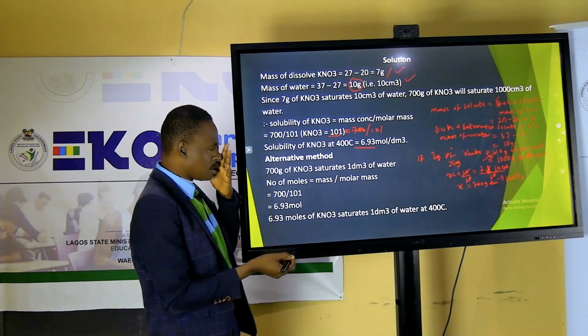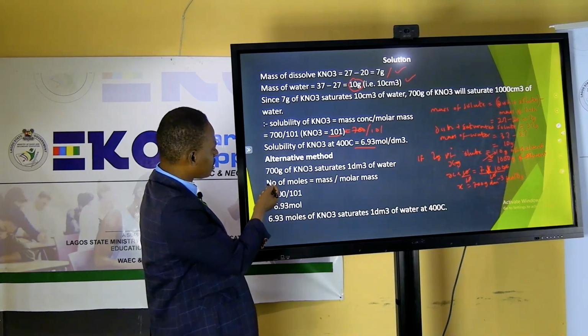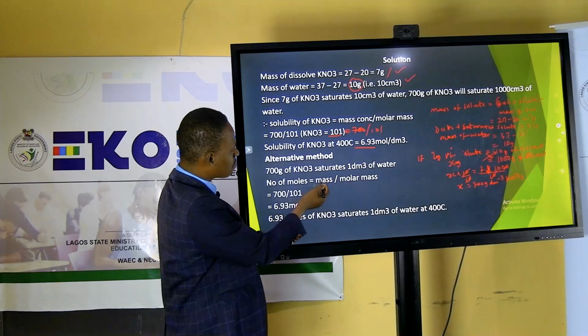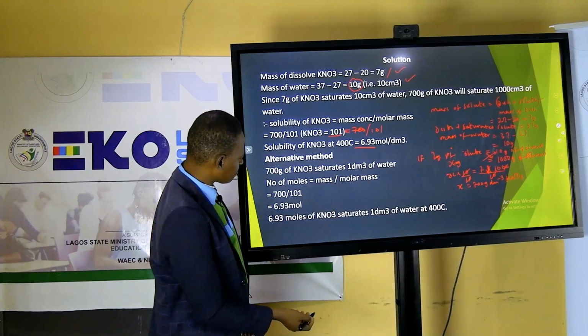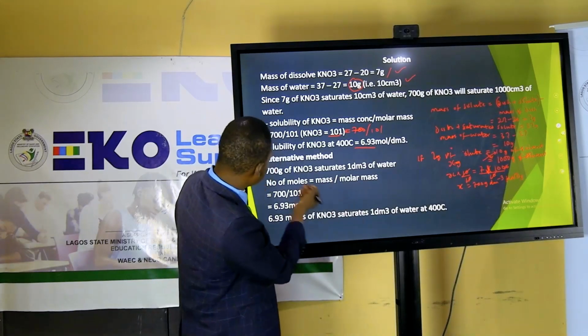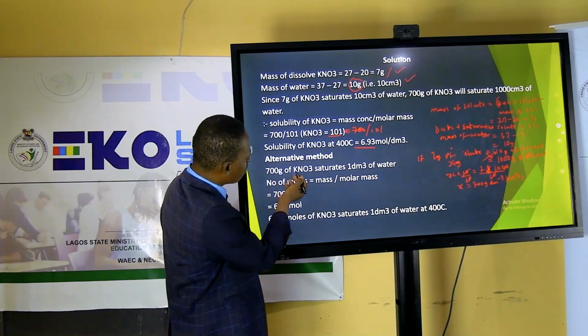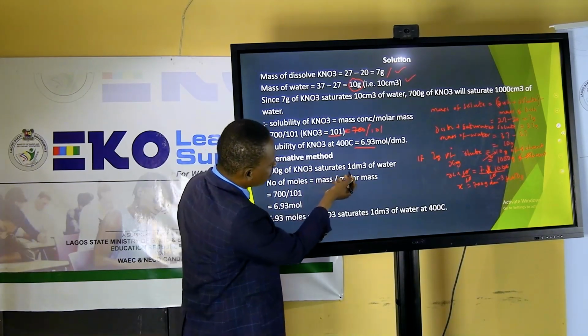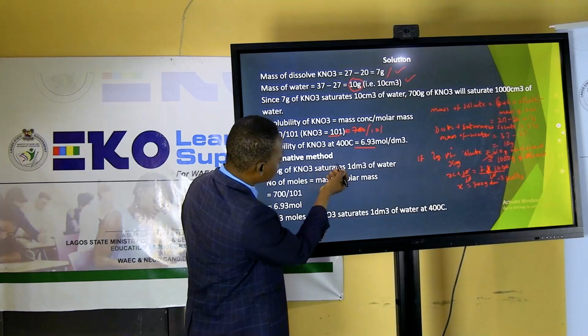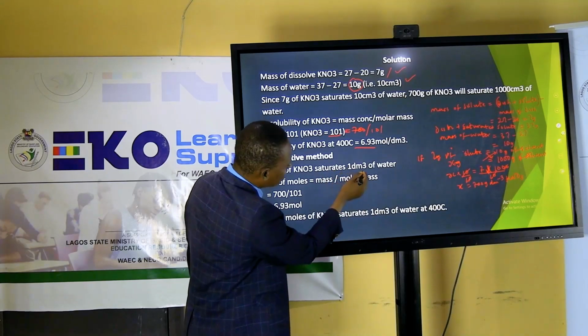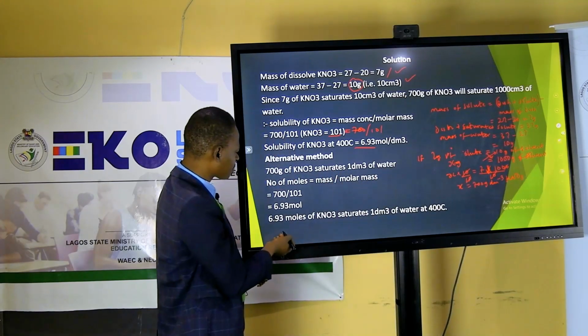Alternatively, we can go with this. Mole equals to what? Mass over molar mass. And also 700 grams of KNO3 saturates 1 dm cube of what? Water.